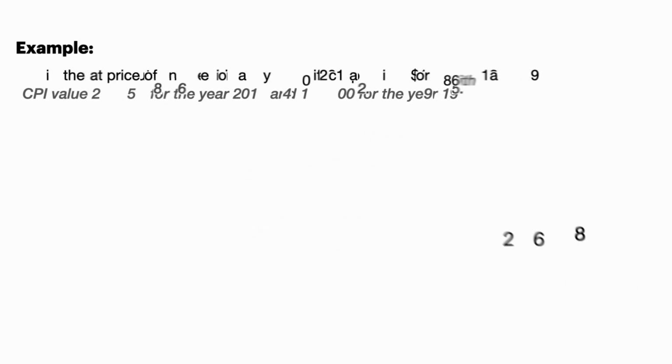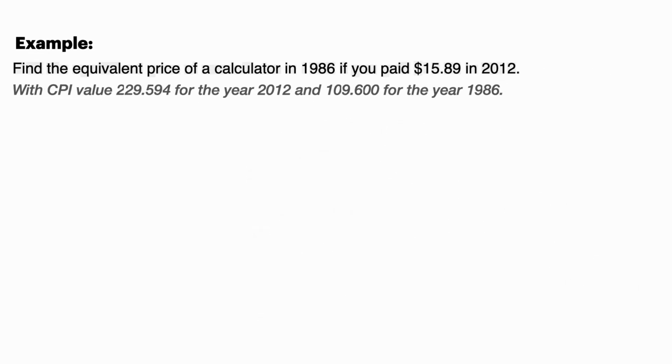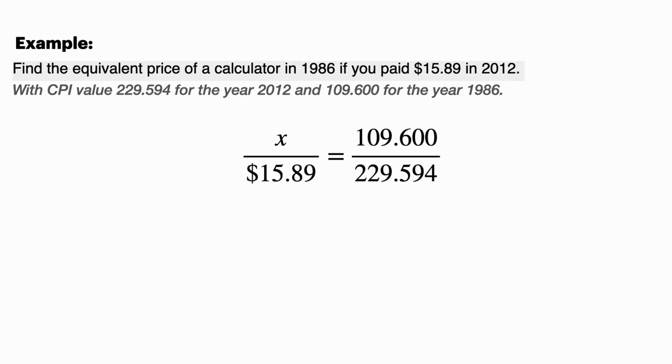Okay, tangent put aside. Find the equivalent price of a calculator in 1986 if you paid $15.89 in the year 2012. We're given the CPI values of 229.594 for the year 2012 and 109.6 for the year 1986. We can set up our proportions just like before.